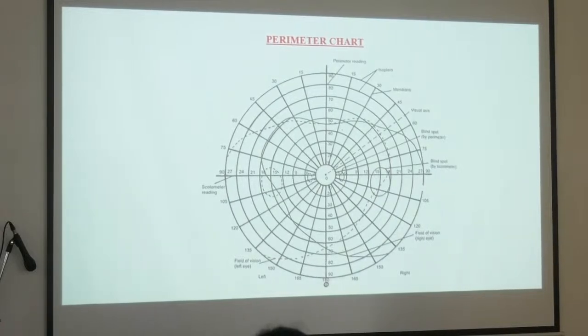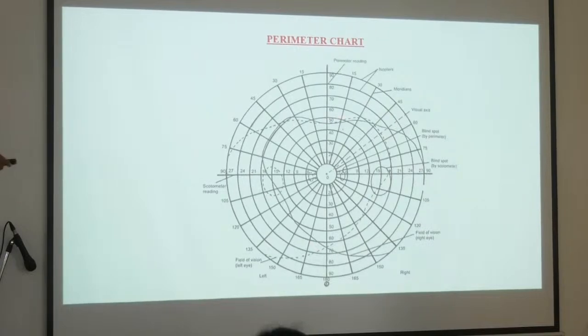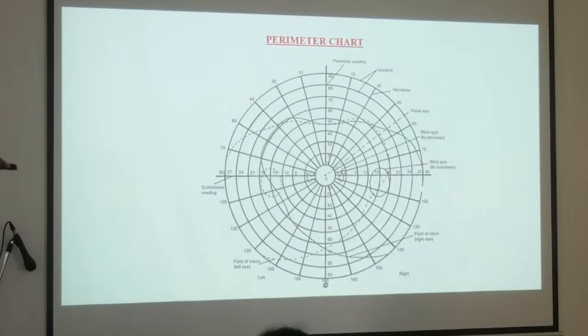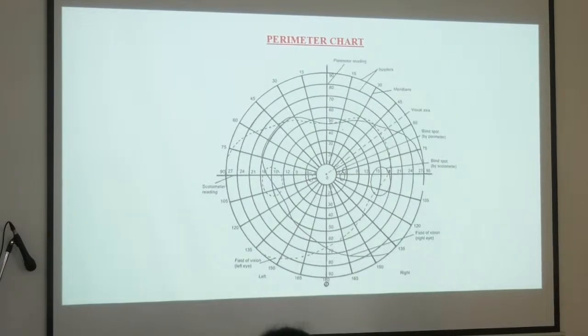You will draw what you get with a pen and check with the normal whether it is reduced or normal. Here, this is the field of vision for the left eye, and the dotted line is the field of vision for the right eye. It is normal, so that you can compare with your test subject.